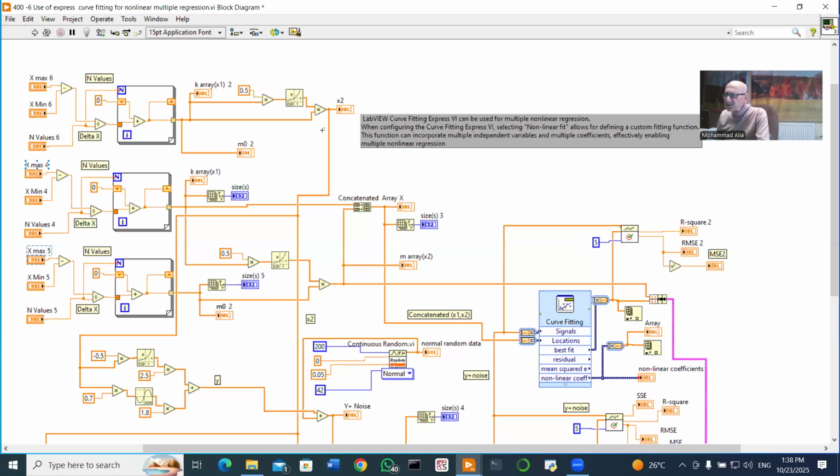Okay, so what do we have? Now, again, this is just to show you. We have generated an array, and this array, as you see here, is X. It is now fed to a build array, which is concatenated with this input, so as to get at the output the concatenated X. This is X, and this input must represent X2.